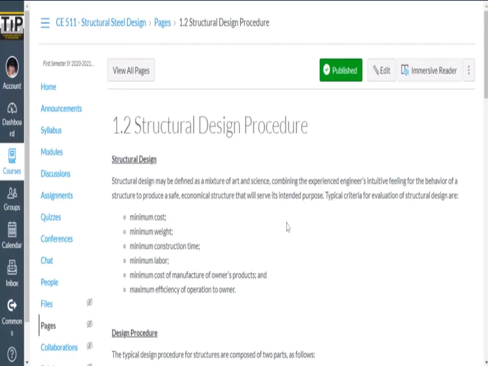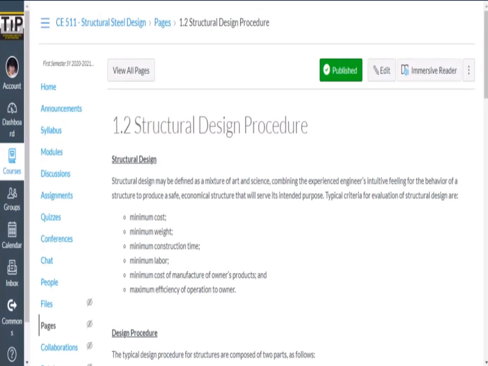You expect tension members to either elongate or shorten because they are subjected to tension or compression. Columns may buckle or crush. No? So on and so forth. To produce a safe, economical structure that will serve its intended purpose.